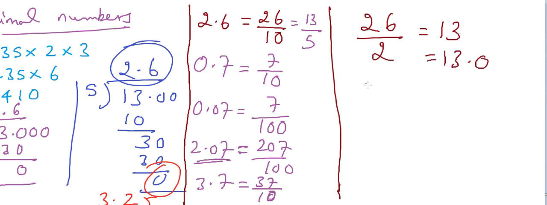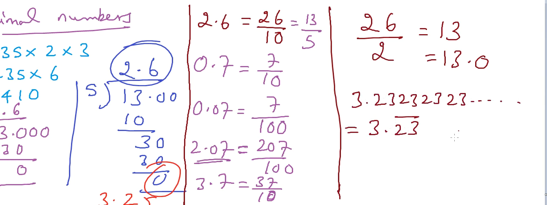So suppose we get recurring decimals like this, for example, say 3.23, 23, 23, 23, and it goes on like this. Then this can be written as 3.23 with a bar, that means the digits 2 and 3 repeat indefinitely.